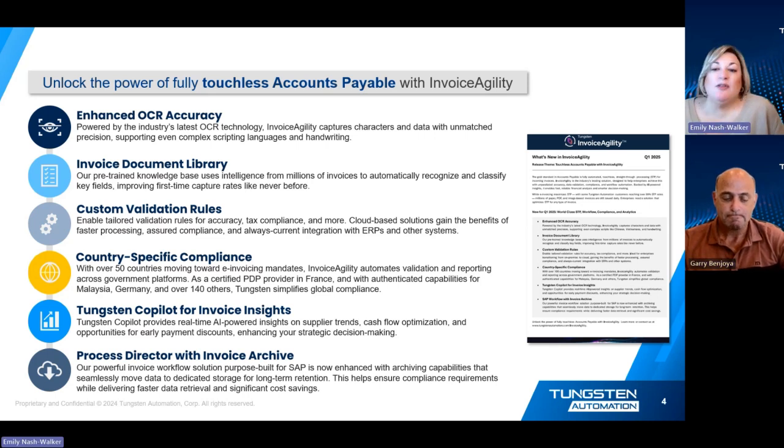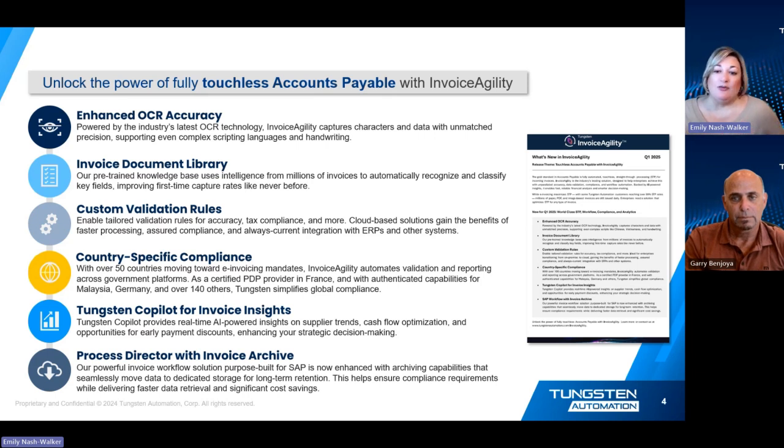Excellent. So let's talk about some of the ways that we've added to AP Essentials and Invoice Agility that help with straight through processing. The first two bullets on this slide are enhanced OCR accuracy. As we spoke about in one of the previous episodes, straight through processing really is about OCR accuracy, making sure the data from the invoice is accurate and correct if that invoice is received in paper or PDF.